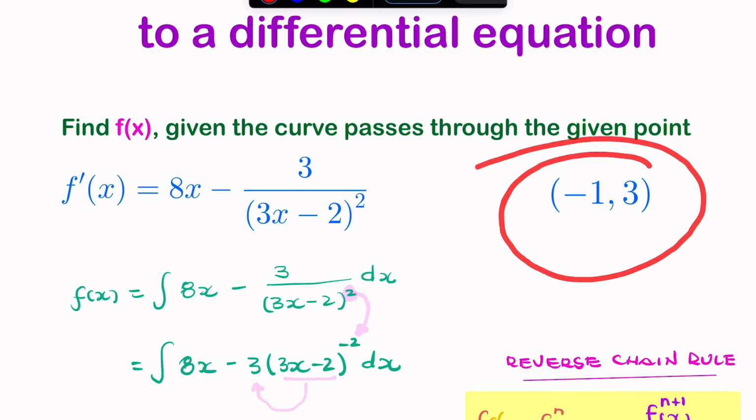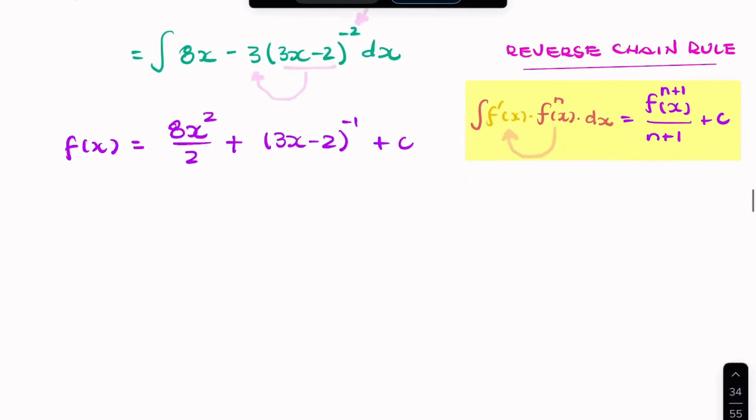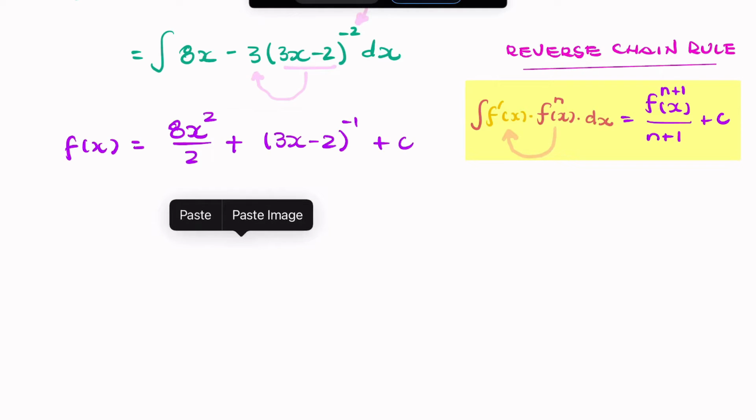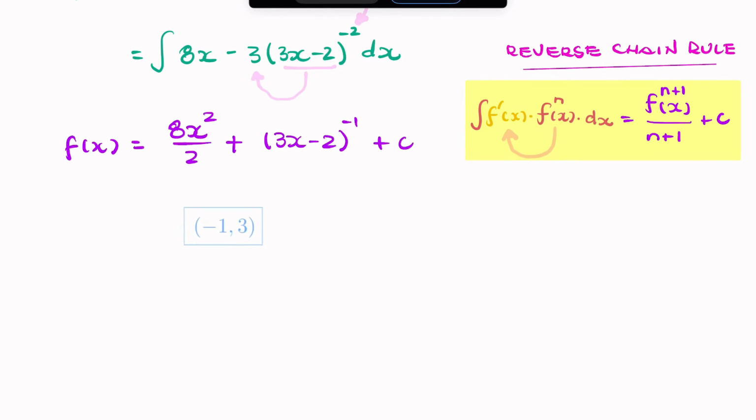But they gave us this point, minus 1, 3. I can use that given point to find the value of c, because minus 1 is my value for x, that I can substitute in there, and 3 is my value for f of x. So I can now find c.